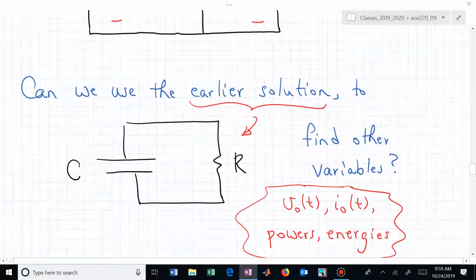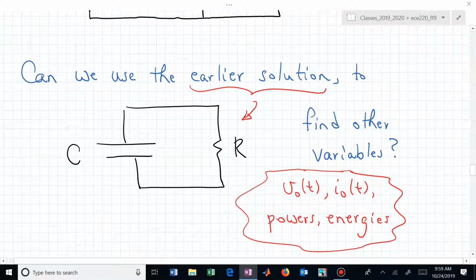So, can we use the earlier solution to find other variables, in particular powers, energies, V sub 0? I hope that I've convinced you that the answer is yes.